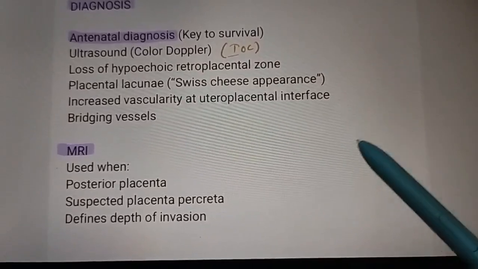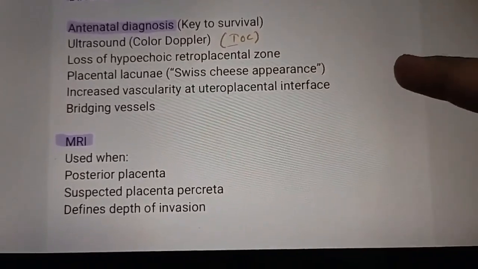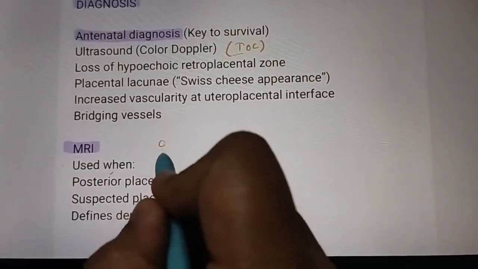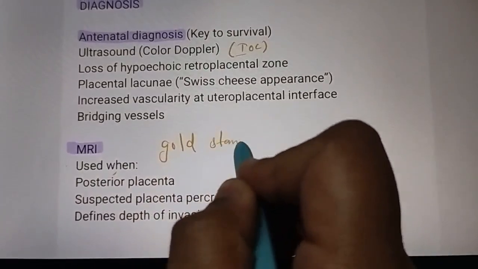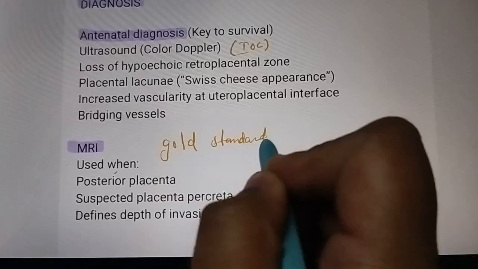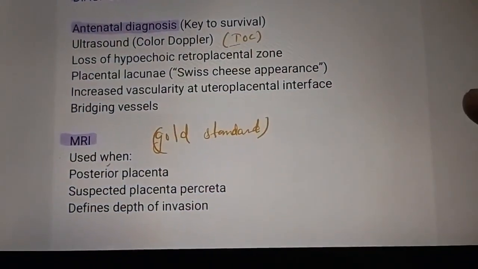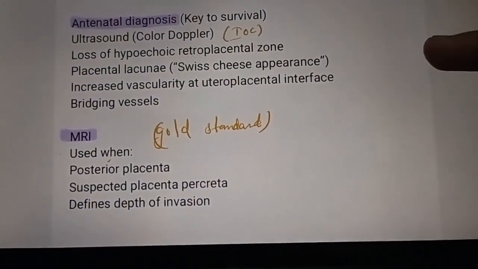Placental lacunae are seen, with increased vascularity and bridging vessels. MRI is the gold standard. It is used in case of a posterior placenta and suspected placenta percreta.